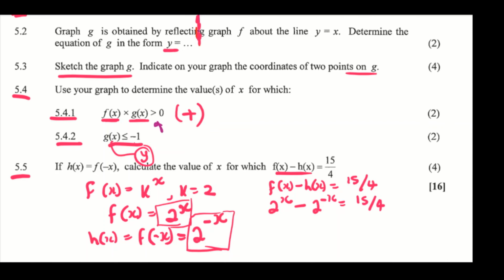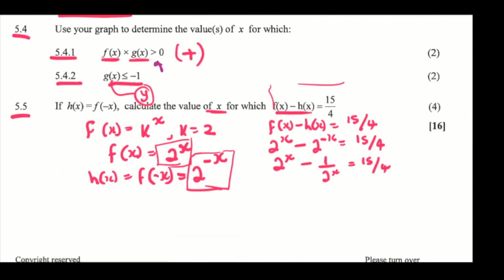We want to calculate the value of x for which this happens. We will say 2 to the power of x minus 1 over 2 to the power of x is equal to 15 over 4.